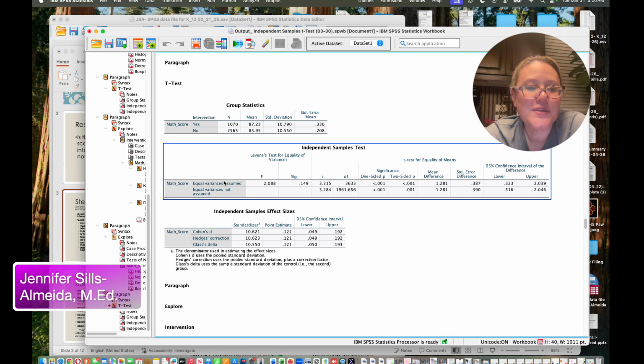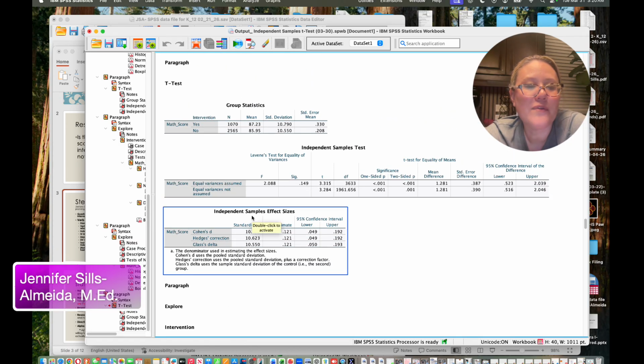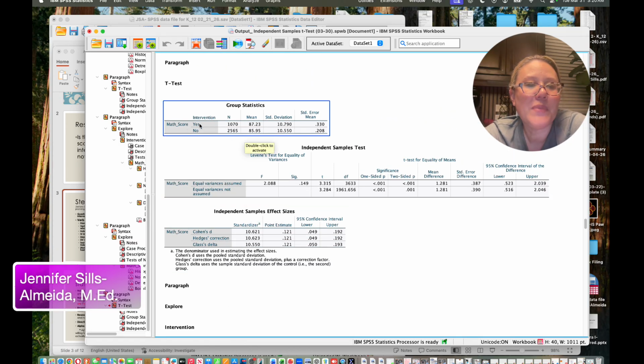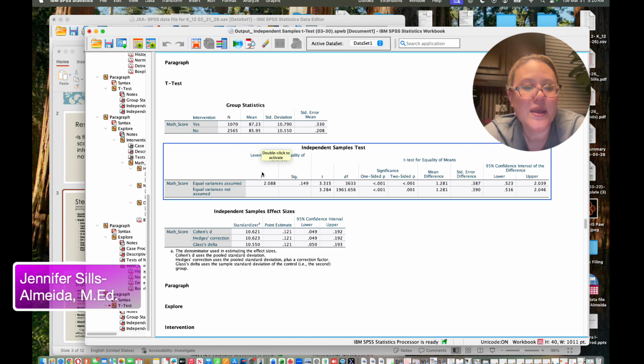Again, I just wanted to go over the numbers again. For this math score, 1,070 students had the intervention, 2,565 did not. So it's about 3,500, that's where that comes from. The score of people with the intervention was 87, without was 85.